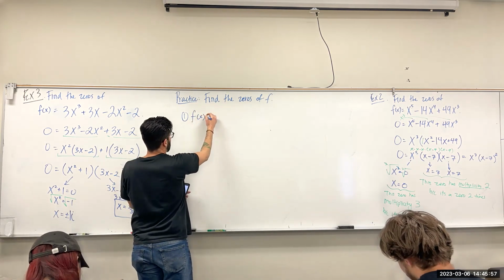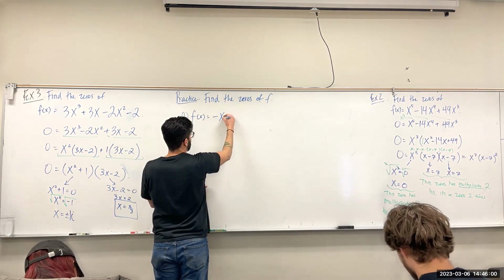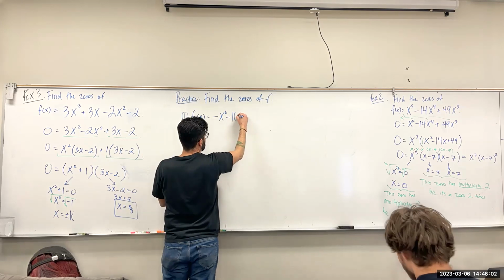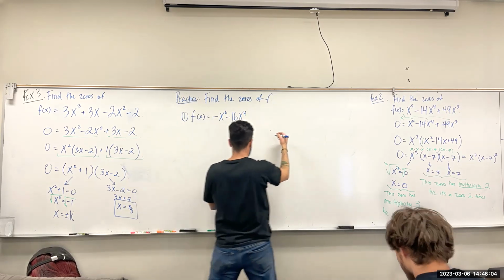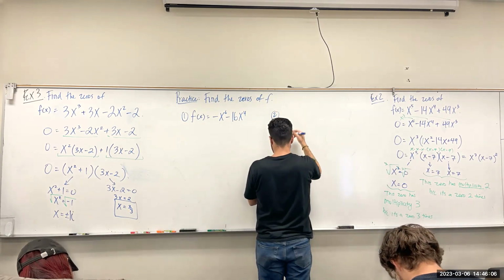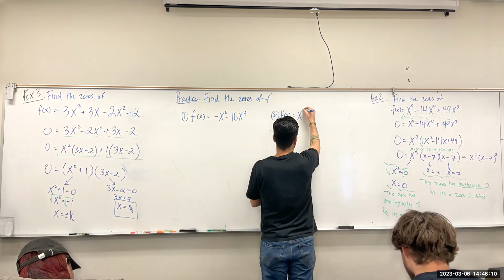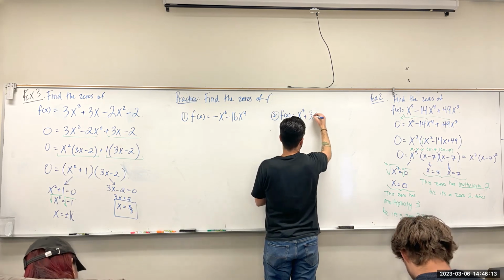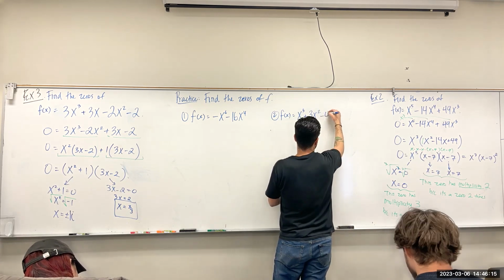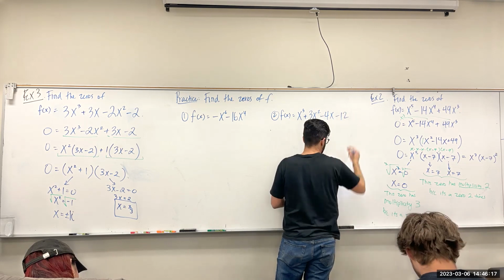Number 1: f of x equals negative x to the 6th minus 16x to the 4th. And number 2: f of x equals x cubed plus 3x squared minus 4x minus 12.